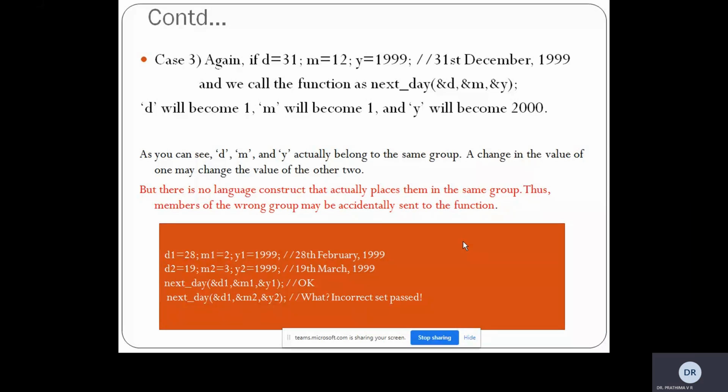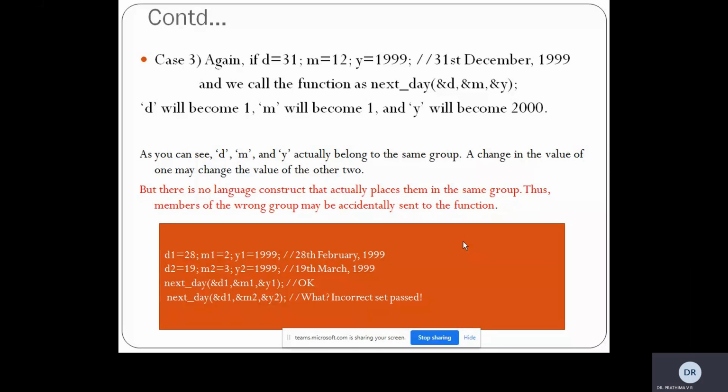So here, let's address this with the same examples which we had considered earlier, where I take d1 with a value 28, m1 with a value 2, y1 with a value 1999. That gives me the display as 28th Feb 1999.